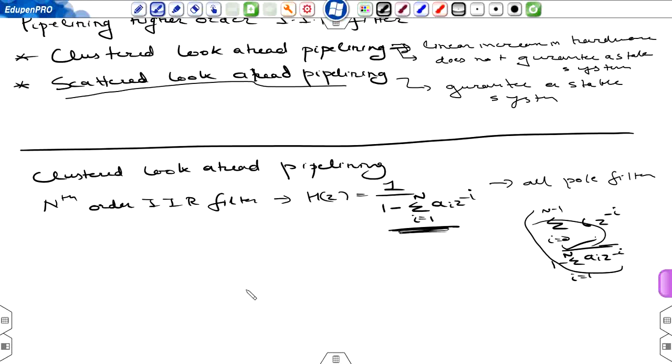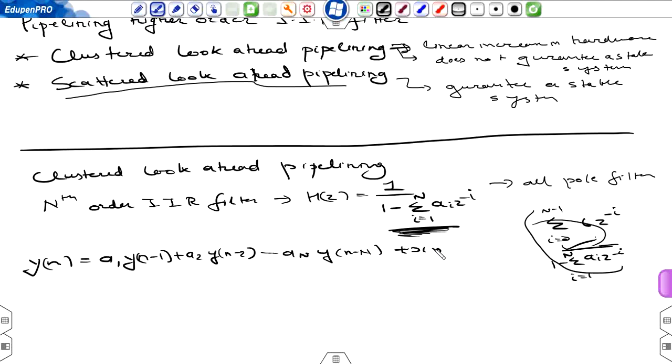Coming back to this filter, in time domain this can be represented in the form y(n) equal to a1 y(n minus 1) plus a2 y(n minus 2) up to a_n y(n minus n) plus x(n).